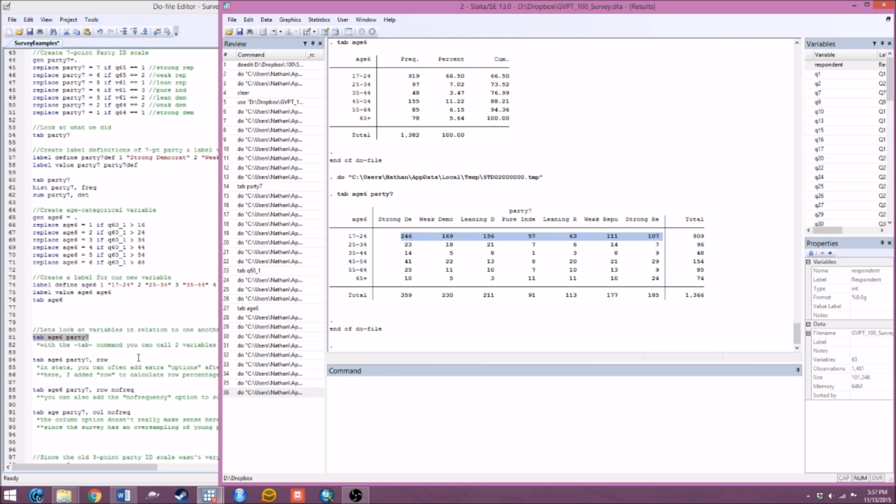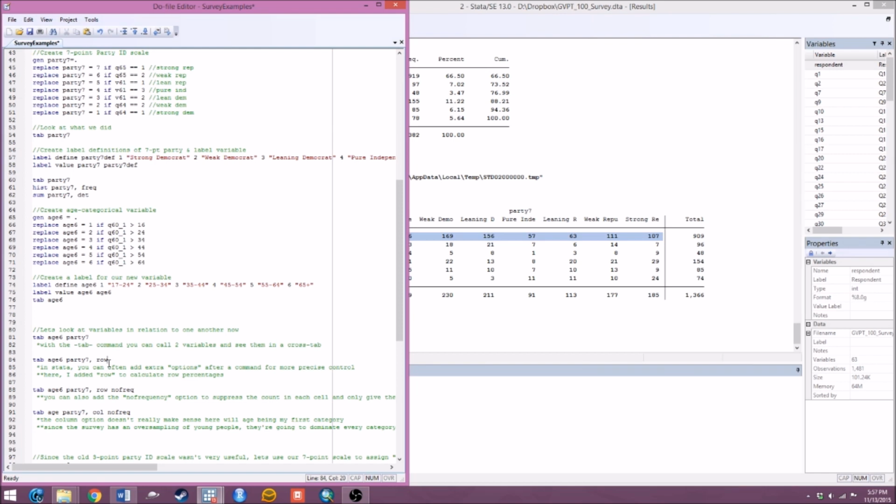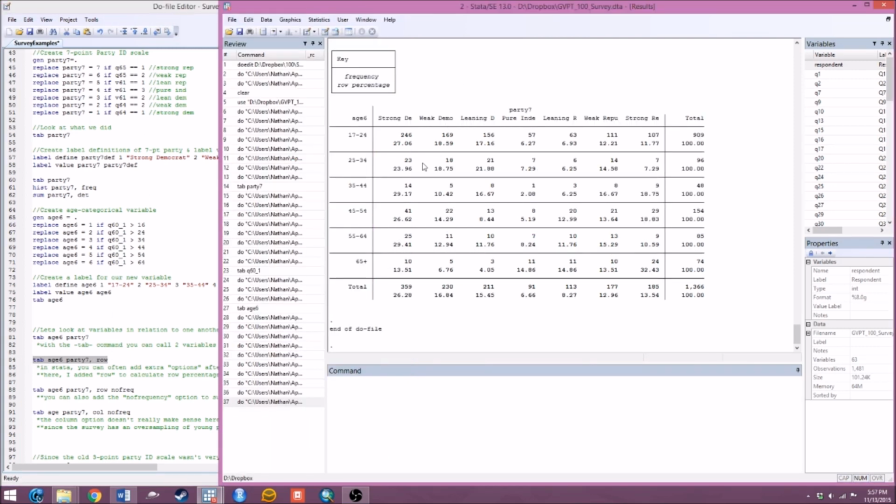So maybe what's more useful is to see percentages, right? So I've added the row command here to our little bit of code, so that we can see, oh, okay, so 27% of this age cohort has identified as strong Democrat, and then this would be 18%, 17%, etc., right?